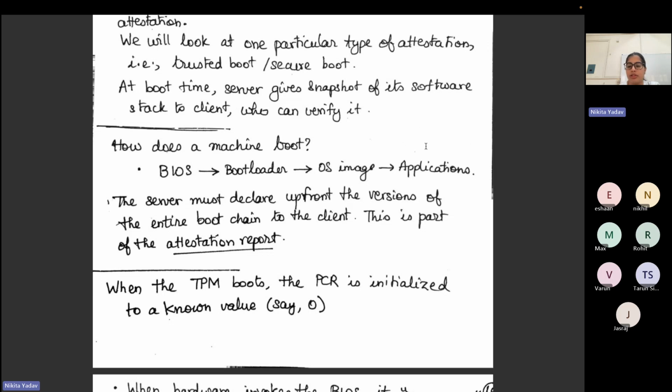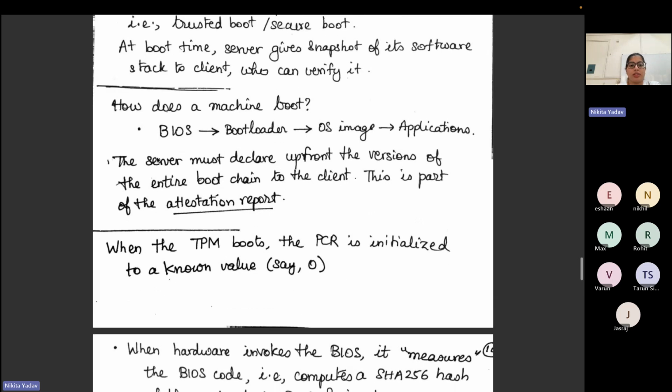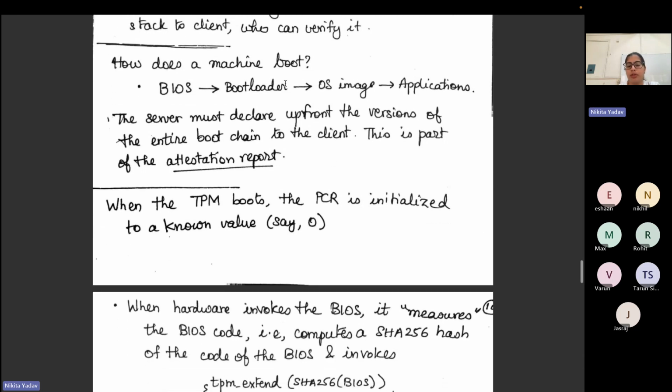These are my applications, and these are the versions, and so on. So the server must declare upfront what versions of the entire boot chain it is going to run, and it must send that to the client. And this is part of your attestation report.